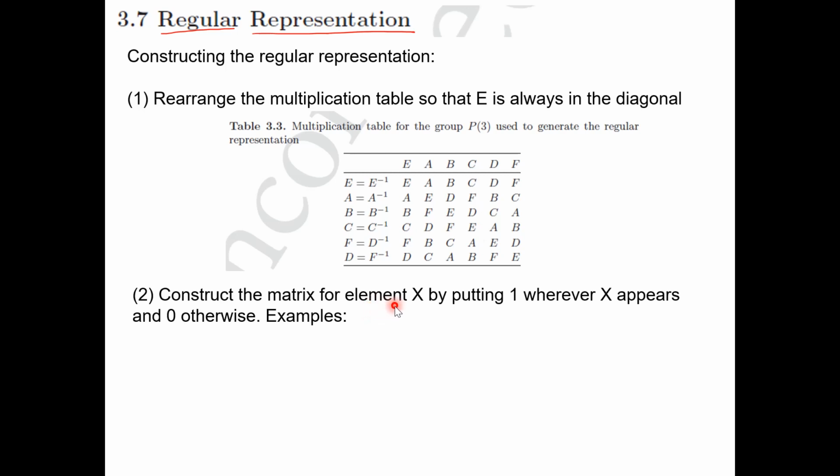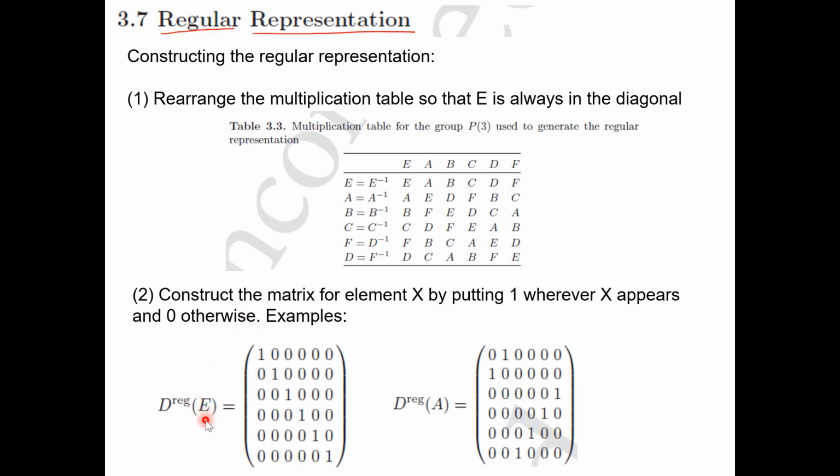So for each group element X, you construct a 6 by 6 matrix just by putting a number 1 wherever the element X appears, and the number 0 otherwise. For instance, for the identity operation, the matrix corresponding to the regular representation is basically the diagonal matrix, okay? Because you just put ones whenever the identity appears in this table.